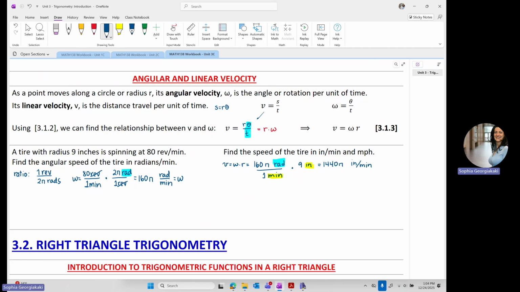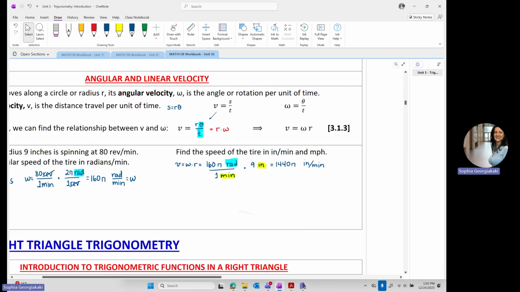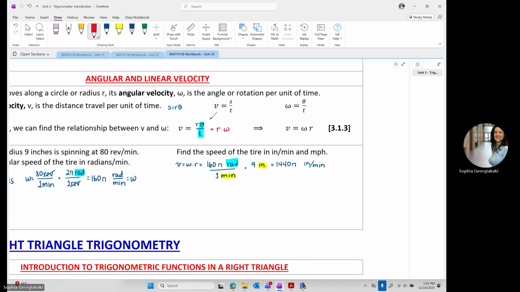Now, if I want to know approximately how much that is, since pi doesn't say much, if I multiply this by pi, I will get approximately 4,524 inches per minute.